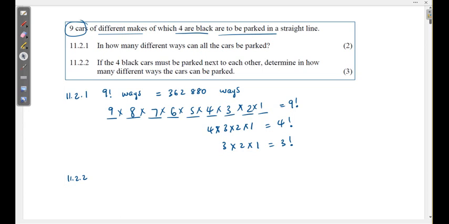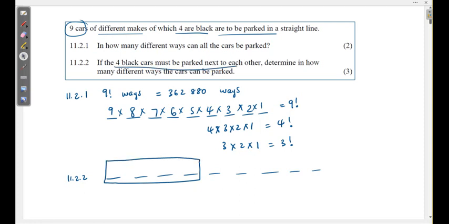Let's say again we have 9 options: 1, 2, 3, 4, 5, 6, 7, 8, 9. From those cars, we're going to say 1, 2, 3, 4. We're going to group them. These are the 4 cars that must be parked next to each other. But inside there, since it's 4 of them, one of them can be here.